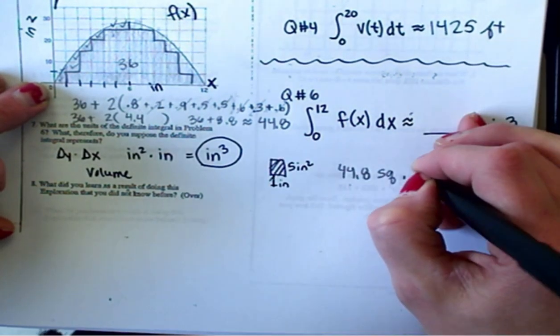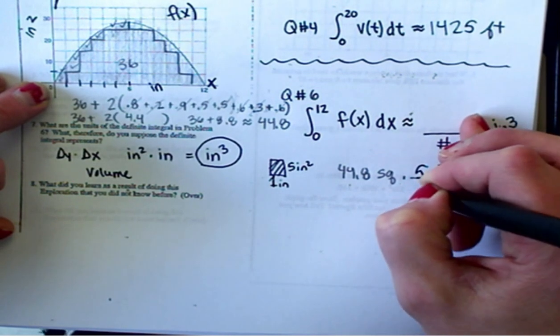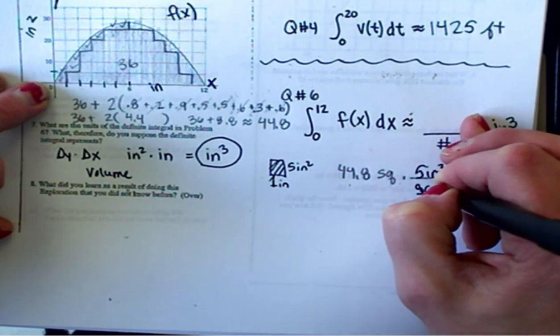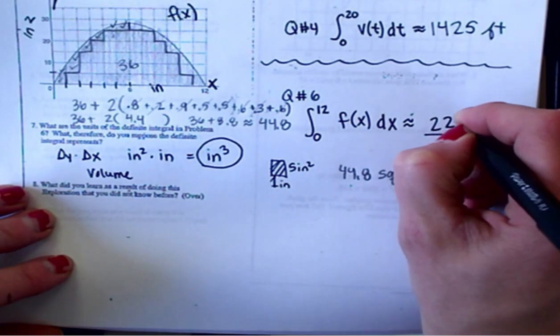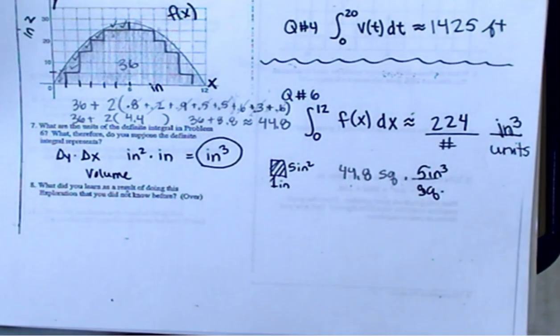Okay, so 1 square is 5 inches cubed per square. Okay, 44.8 times 5: 224. 224 inches cubed. The volume of the football is 224 inches cubed.